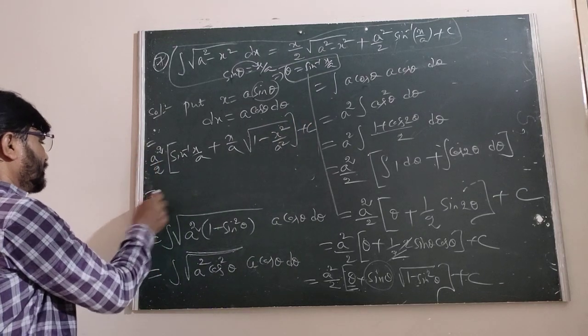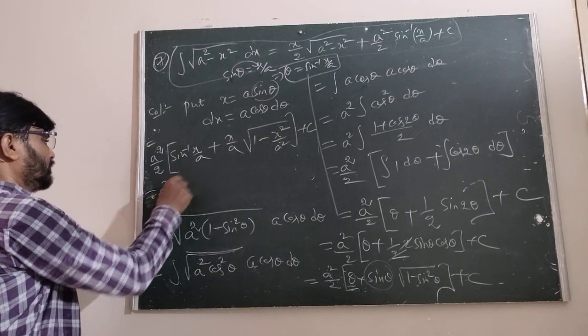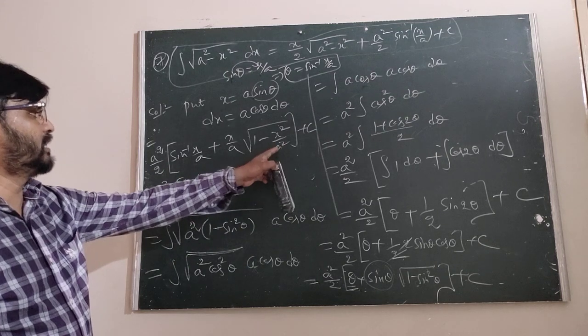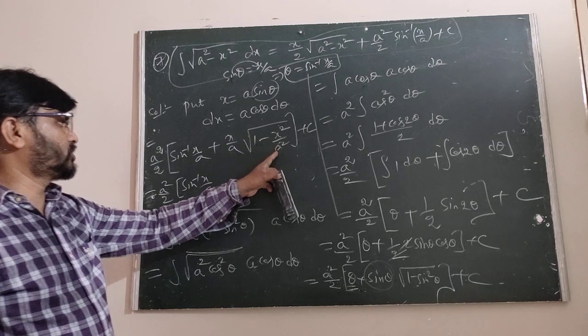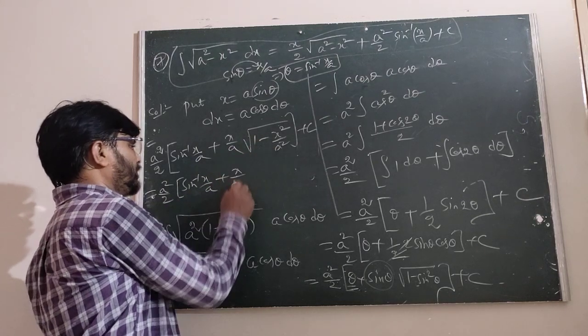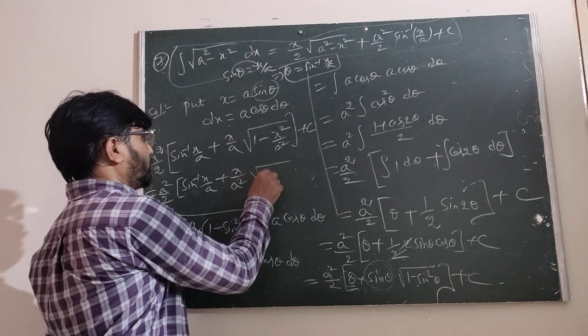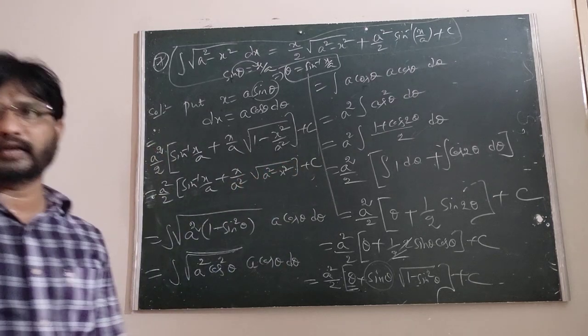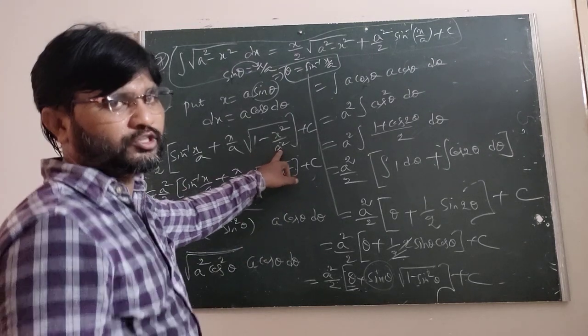Now we look at a square by 2 into sine inverse of x by a. We take the LCM as a square; square and under root cancel. Now this is x by a into a square under root a square minus x square plus c.